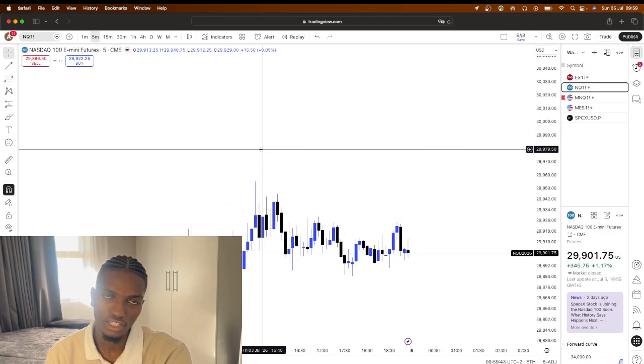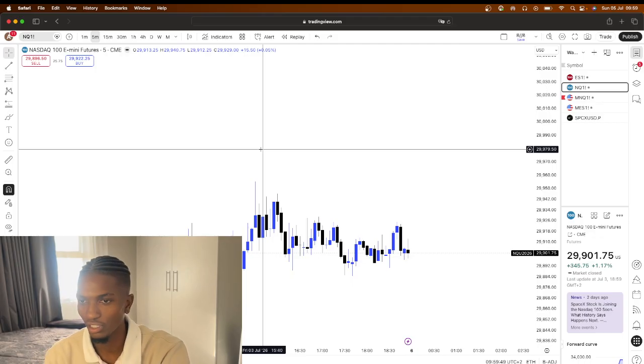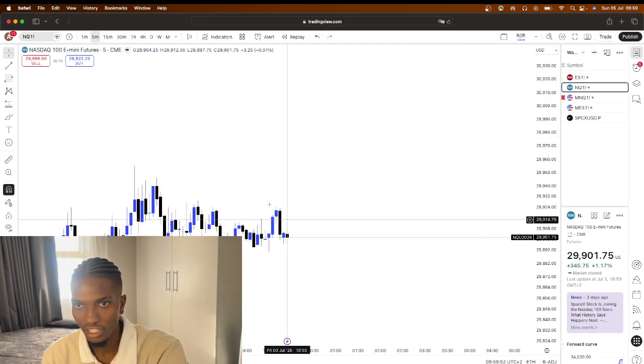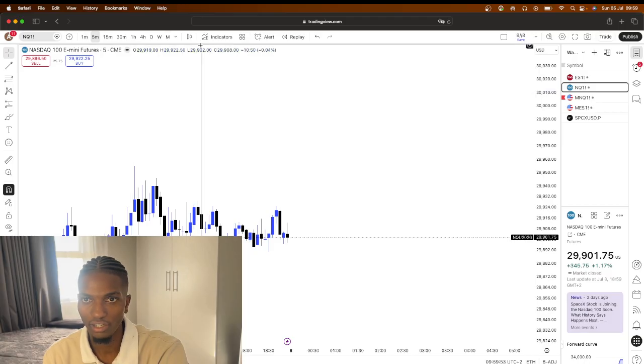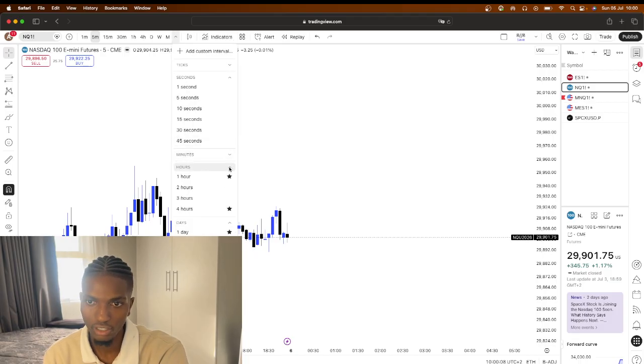Now depending on the time frame that you're on, one candlestick represents a certain amount of time. If I click on this drop down, we have 1 second, 5 seconds, 10 seconds, 15 seconds, 30 seconds, 45, and so on. We have minutes, hours, days.